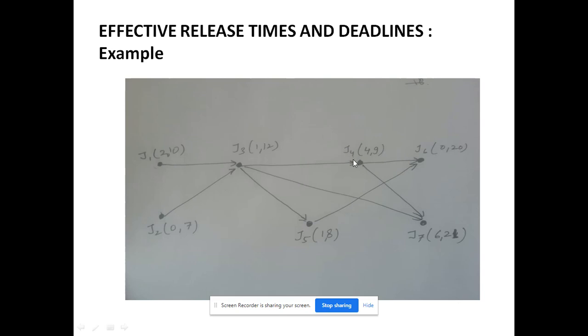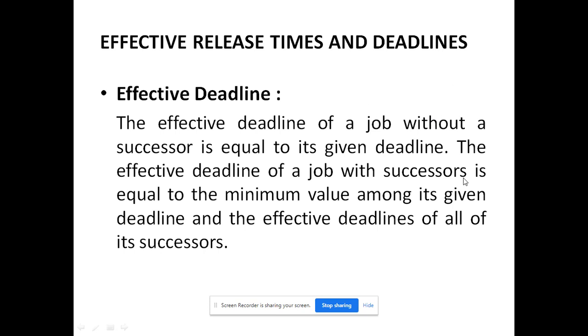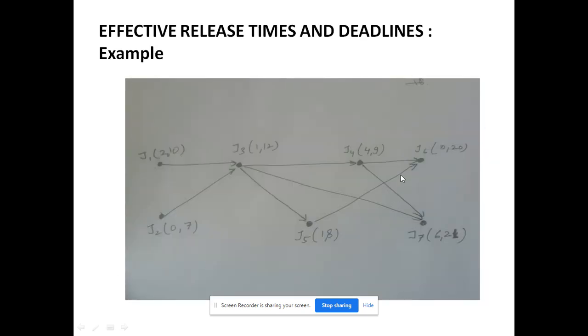Again, the effective deadline of a job with successors is equal to the minimum value among its given deadline and the effective deadlines of all its successors. So the effective deadline of J4 is 9.